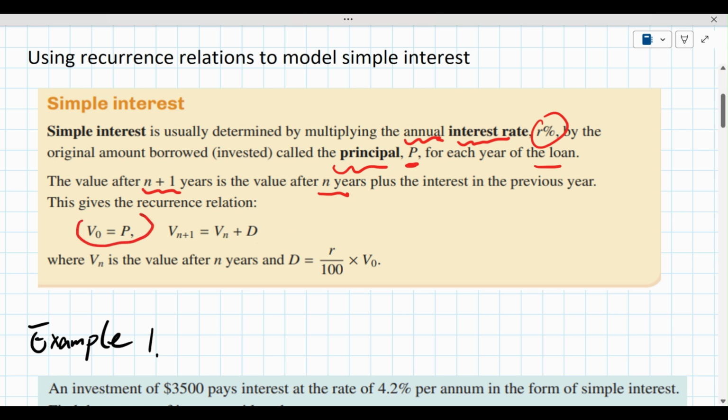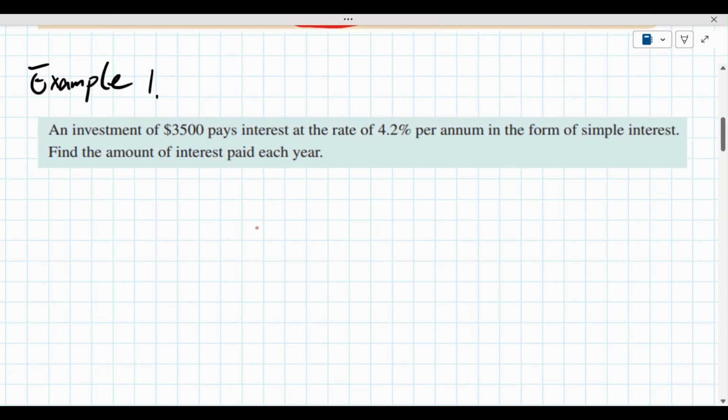The initial value is your principal, and next year's value is V(n+1) = V(n) + D, where D is your interest. After the first year, second year, third year, and so on. Let's try with questions first.